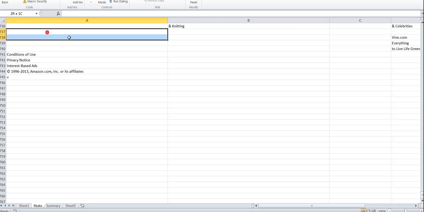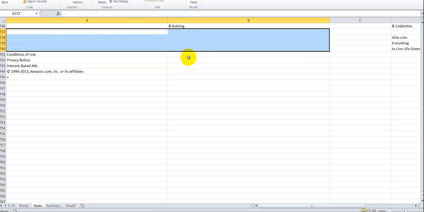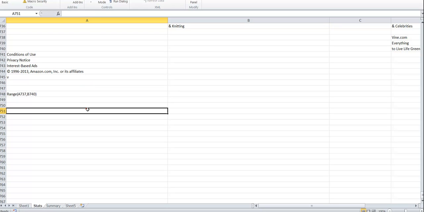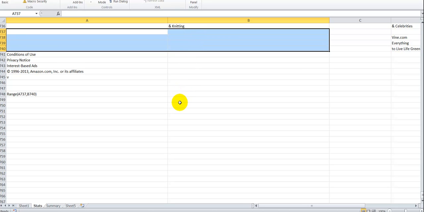Then the range would be here. That's the range we would be talking about. So if I type range, A737 into the formula, and then B740, and then close it, that refers to this range. Okay, so that's how you refer to that range.